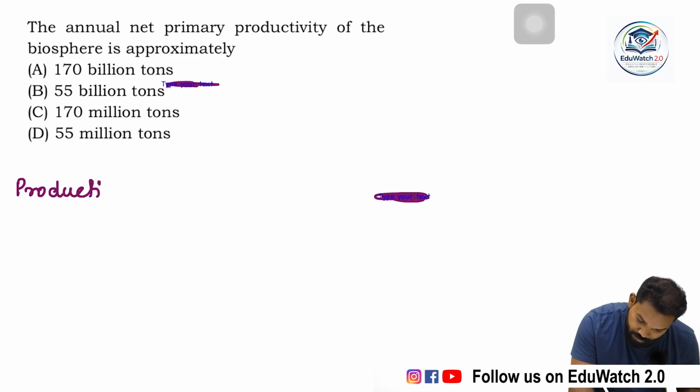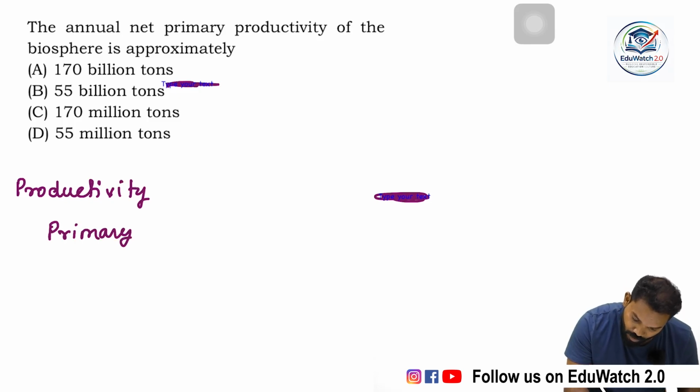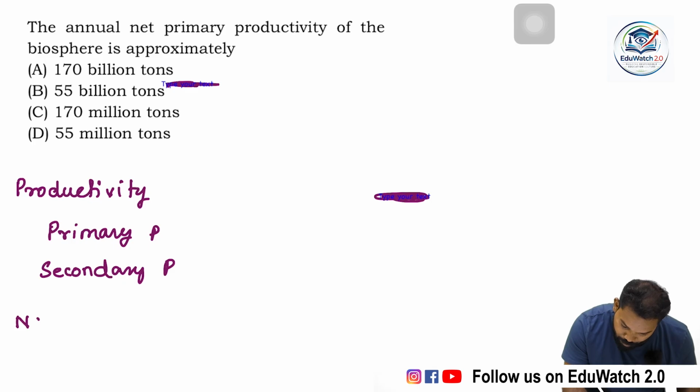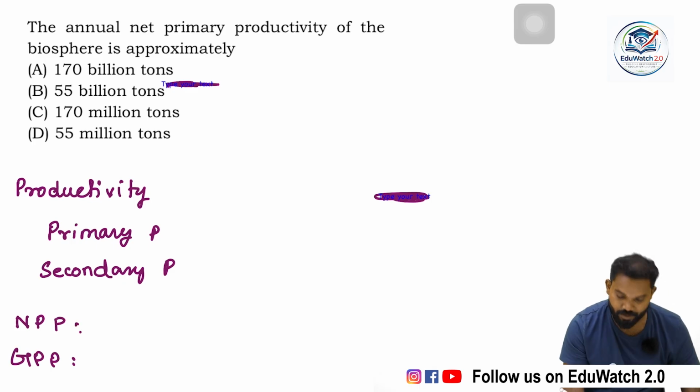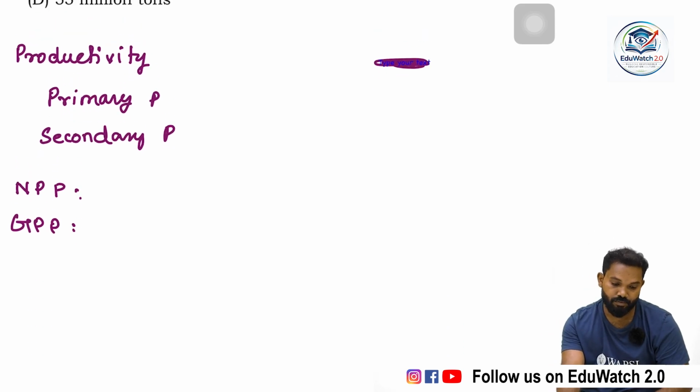There are many terms. What is primary productivity? What is secondary productivity? What is net primary productivity and also gross primary productivity? These are the different terms we need to know.